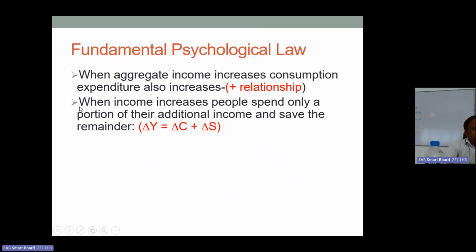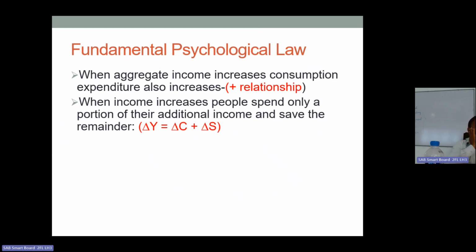The other one: when income increases, what happens? Are they going to consume more or less? When income increases, people spend only a portion of their additional income and save the remainder. So part of the income is consumed and the other part saved.